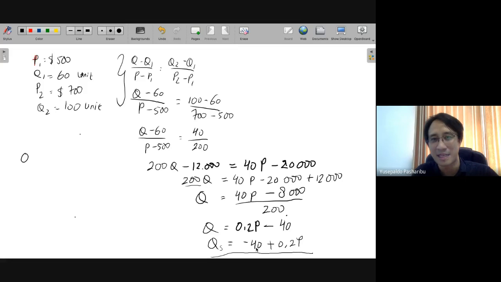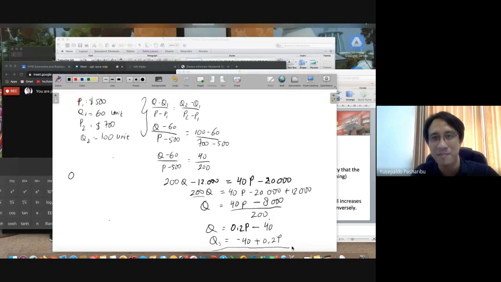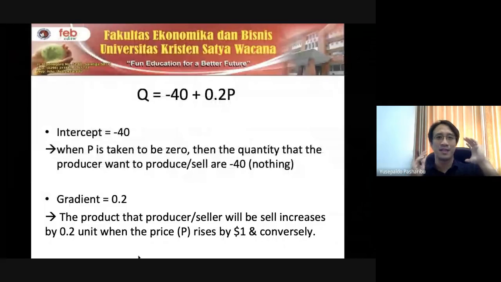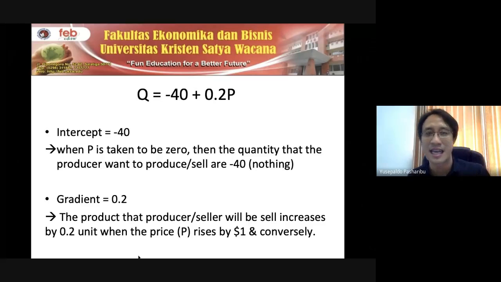So the intercept is minus 40 and the gradient is 0.2. This is the interpretation of intercept and gradient for this function.